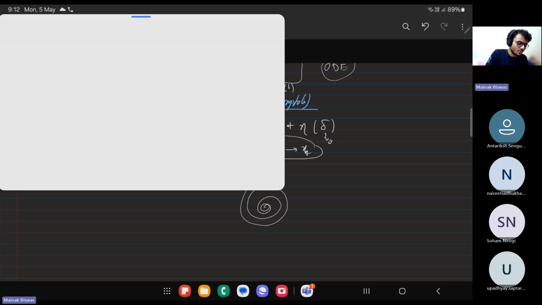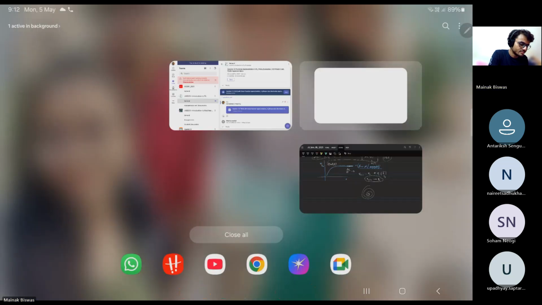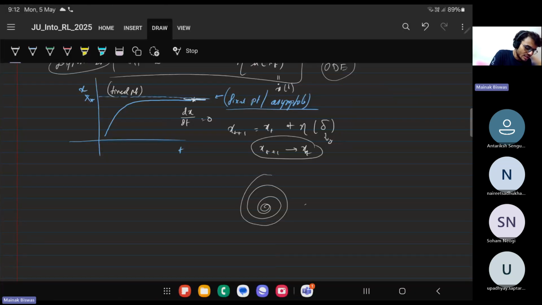This is also one more possibility, where your theta is maybe 2 pi. So omega is equal to 2 pi by T, and omega t is equal to theta.